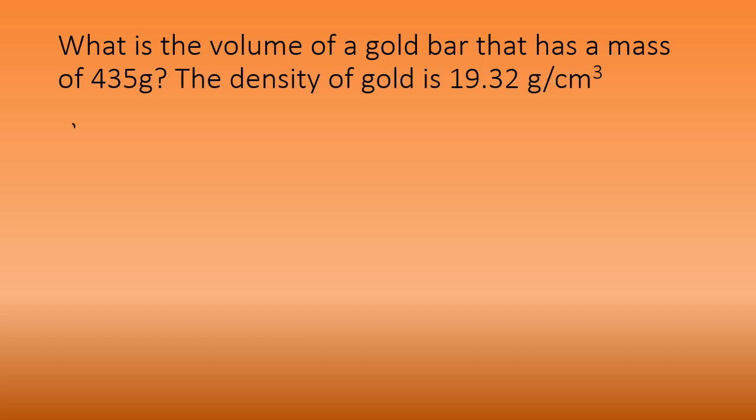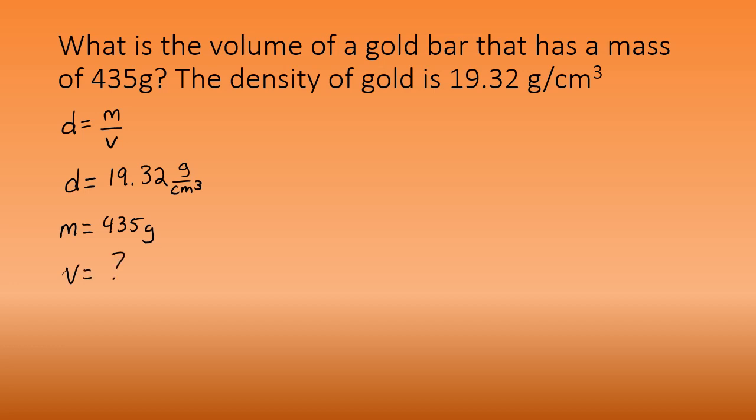We're going to write out D equals mass divided by volume, and we're going to list out the variables that we're given. This time we're given the density, 19.32 grams per centimeter cubed. We're given a mass, 435 grams, and we're asked to find a volume.